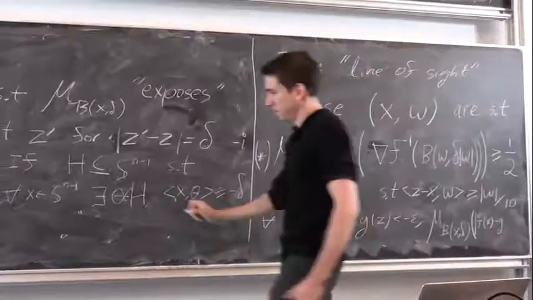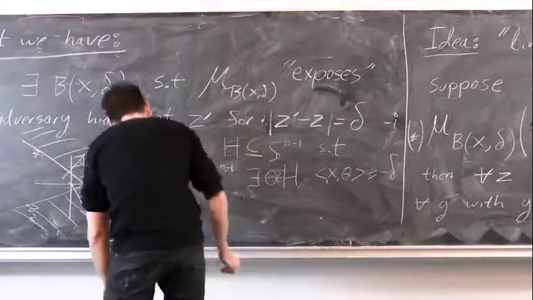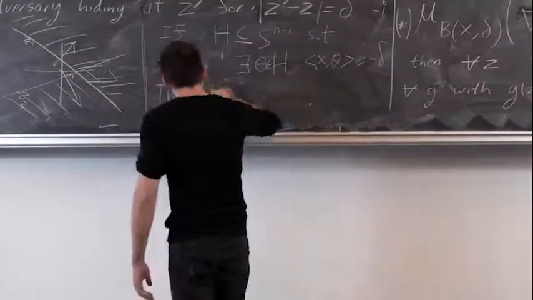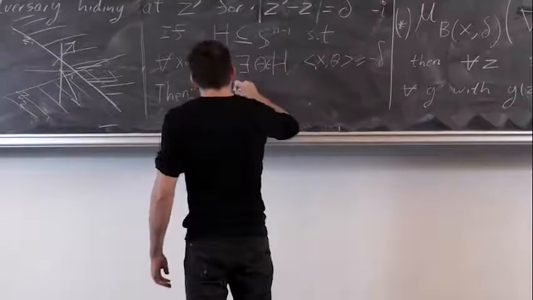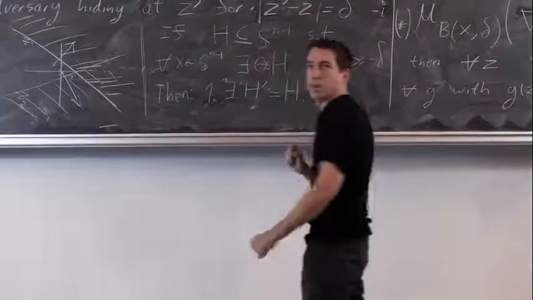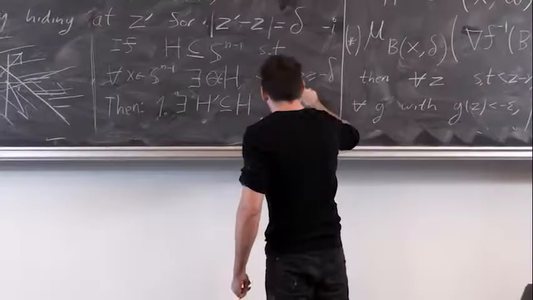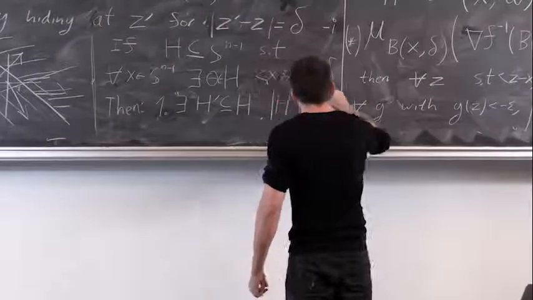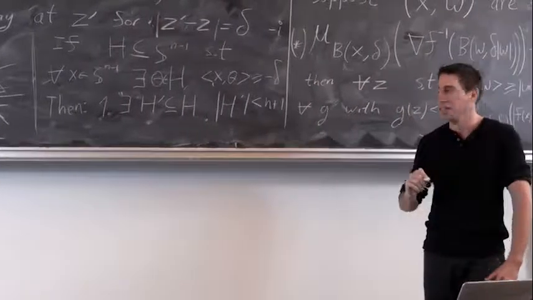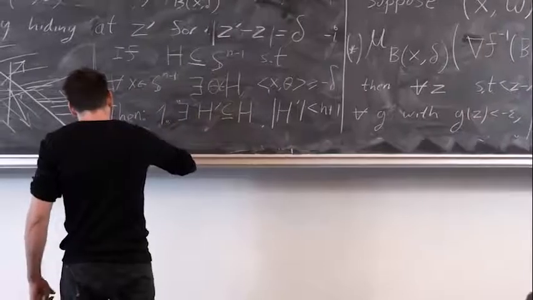Then we have two things. The first thing is that there exists a subset of H with cardinality at most the dimension plus 1 and with the same property, basically.